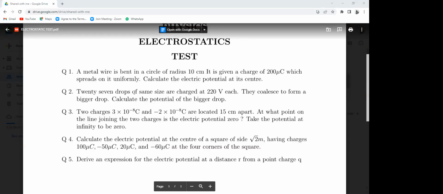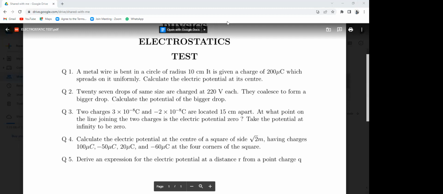This was your paper, Krishna. Okay, ma'am. Thank you, ma'am. Take the screenshot if anyone wants to take the screenshot. Done, ma'am. Thank you. Alright.